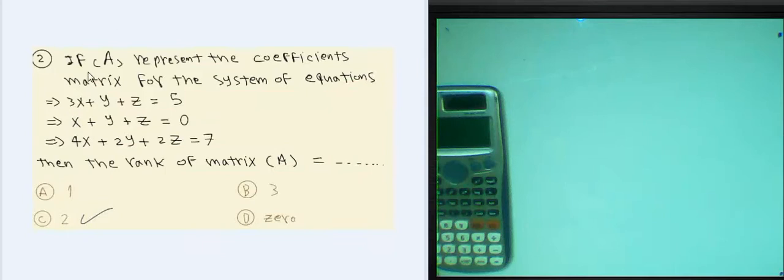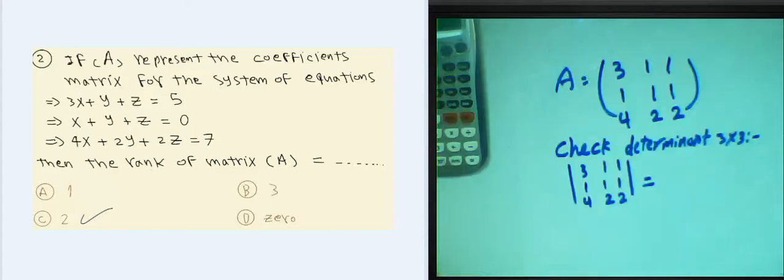Question number 2. If A represents the coefficient matrix for the system of equations 3x plus y plus z equals 5, x plus y plus z equals 0, 4x plus 2y plus 2z equals 7, then the rank of matrix A equals what? He asked about the rank of matrix A. We can determine the 3 by 3 determinant of matrix A and find the result.